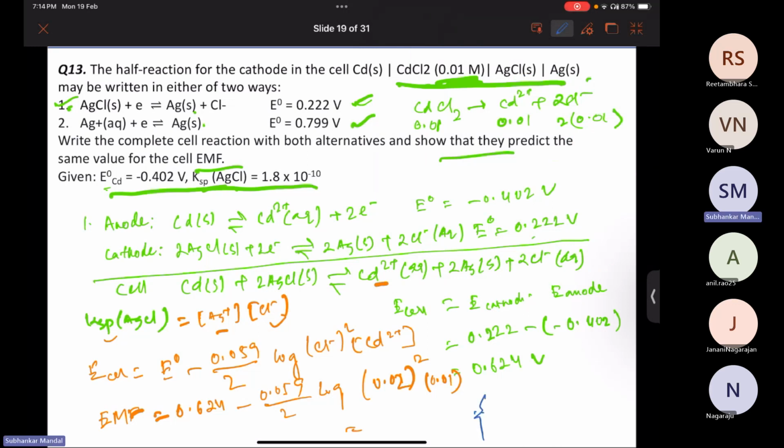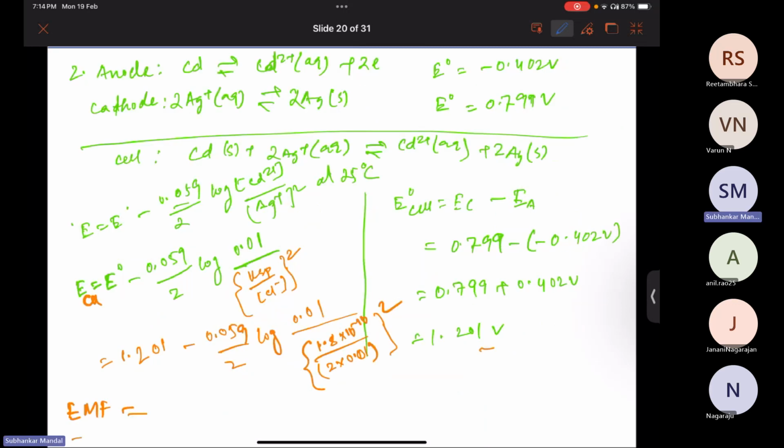So I think this one will be around 0.783 volt. Okay, and the next one will come 0.785 volt. Okay, so if people can check once in your room, you can calculate yourself and check whether this much is coming or not.